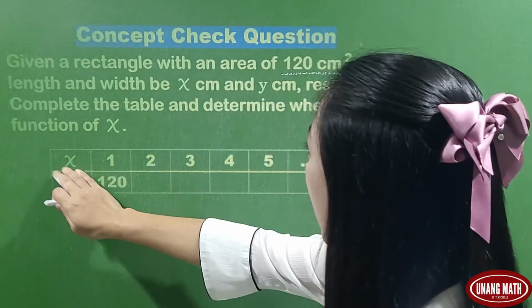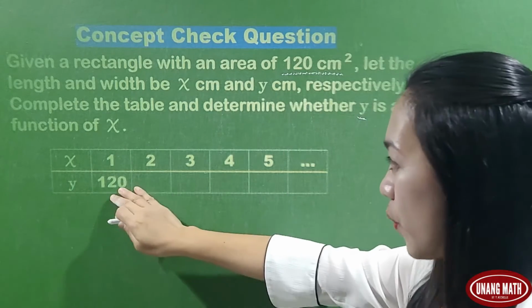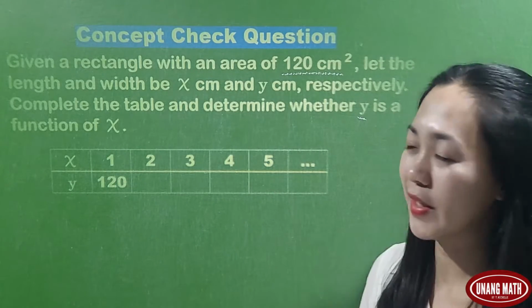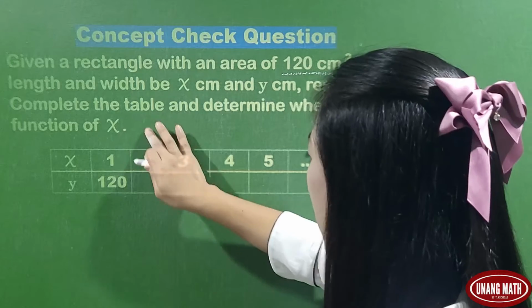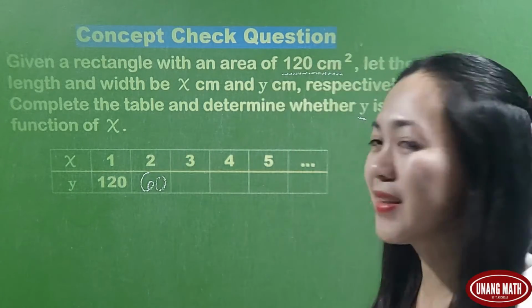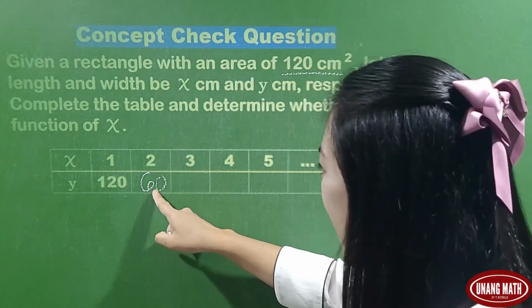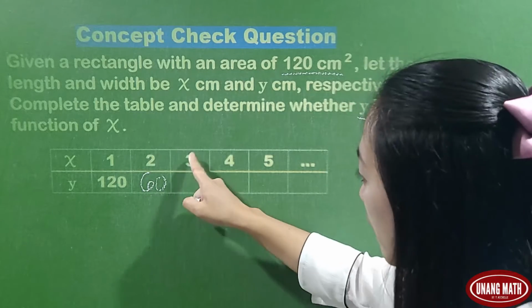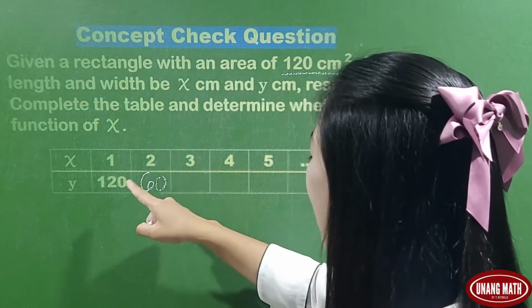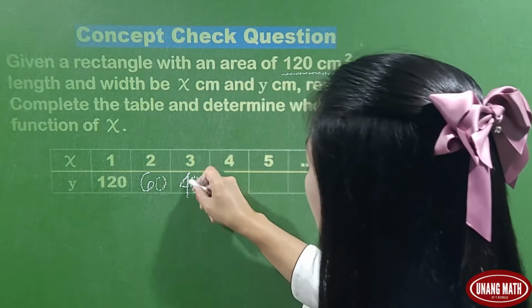If x is 1, then y is 120. What about if x, or our input, is 2? Then y is 60. Do we have other numbers? No more. We only have one number here if x is 2. What about if x is 3? Then this is now equal to 40.